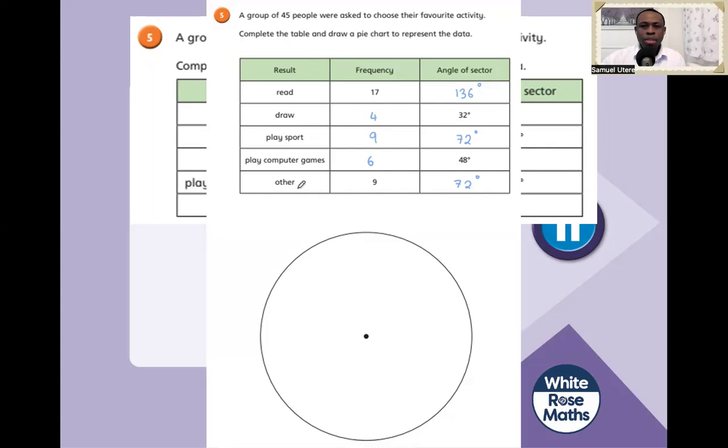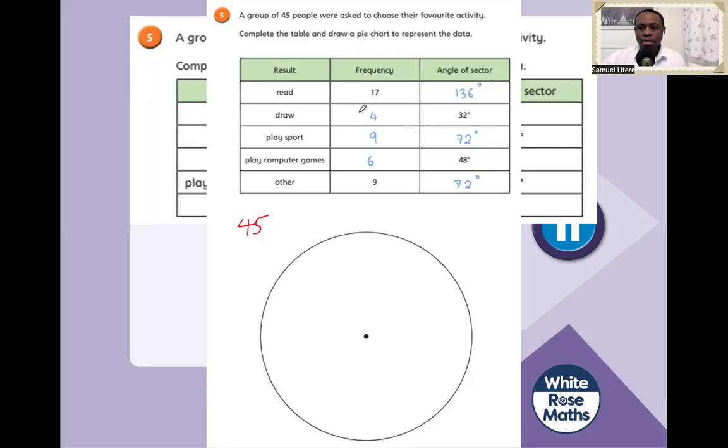Now, you would see why it is important to get that special number. So we know our total is 45. We need that special degree that we are using to multiply this number by to get this number. Or if we want to go the other way, that special degree, we can use it to divide this number to get that number.